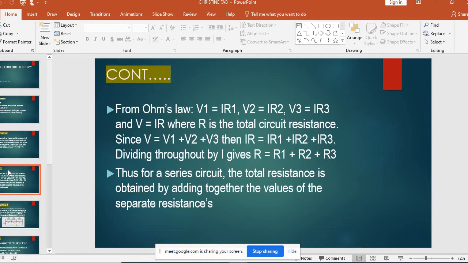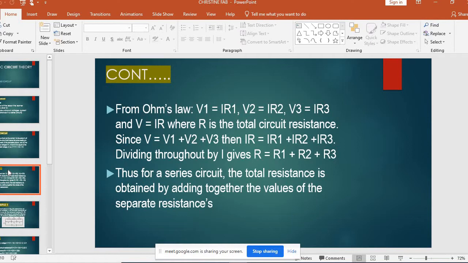Then since V is equal to V1 plus V2 plus V3, as we've said earlier, then IR is equal to IR1 plus IR2 plus IR3. That is to find the voltage.